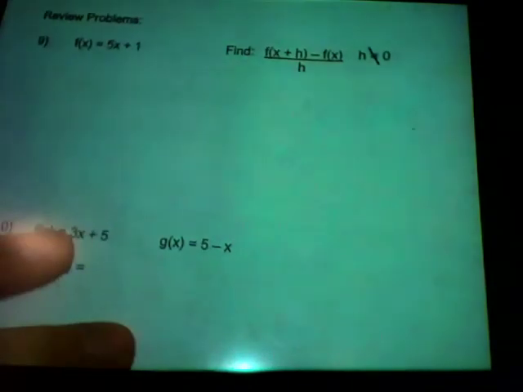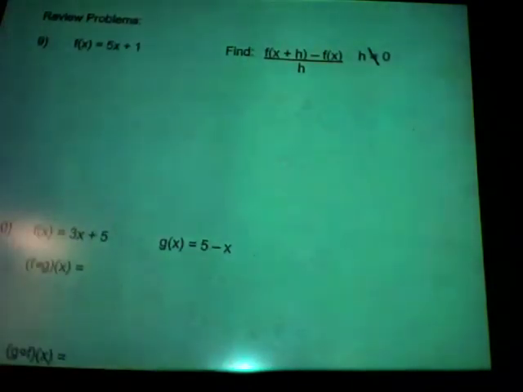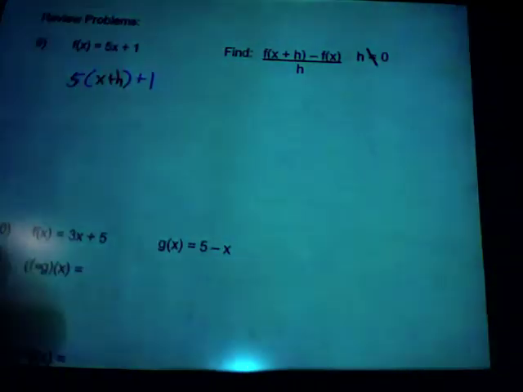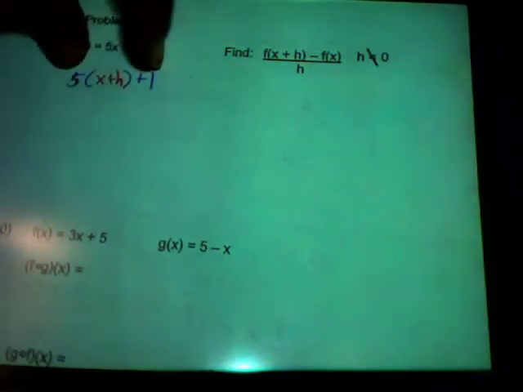So here we go. Blast from the past. Want you to do the difference quotient. So you can either try it on your own and ignore me, or you can listen to me. It's your choice. So f of x plus h. Wherever I see an x, I'm putting in x plus h. And there's only one x. So this right here is f of x plus h.